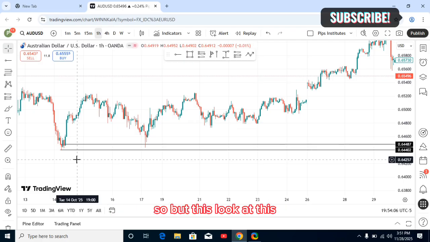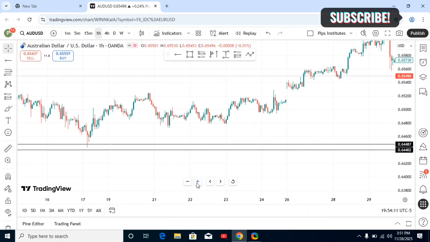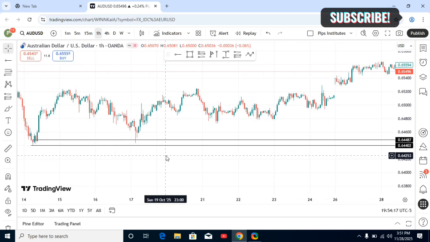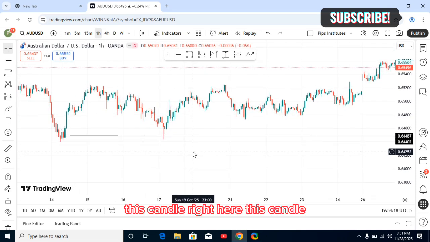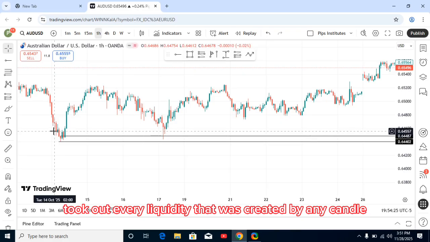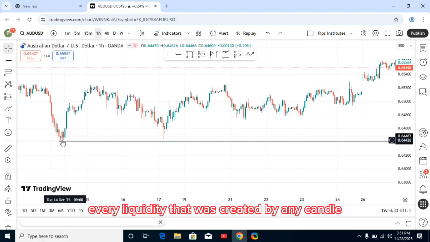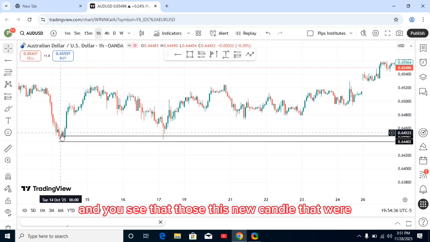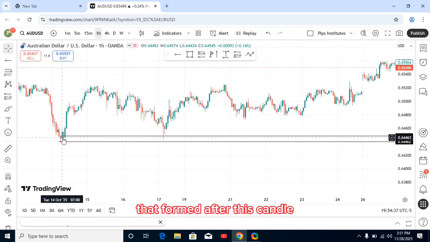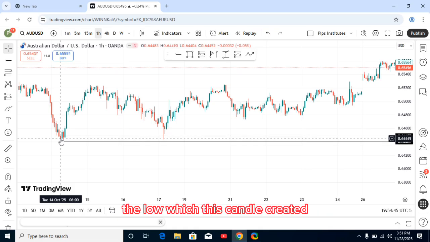Okay, but look at this candle. Let us zoom out. This candle right here took out every liquidity that was created by any candle, and you see that the new candles that formed after this candle, none of them were able to break below the low which this candle created.